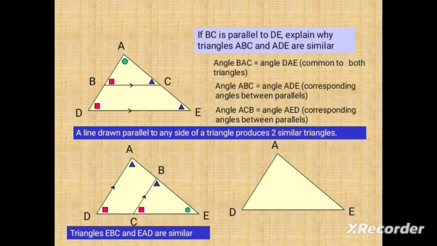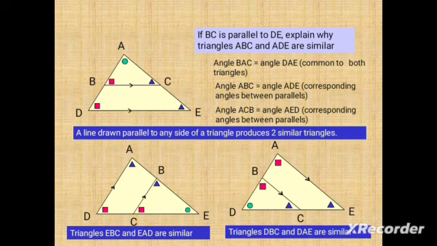It is because of the corresponding angles being equal. And on the other side, we can also cut it with BC so that we have two similar triangles, DBC and DAE, similar because of corresponding angles.